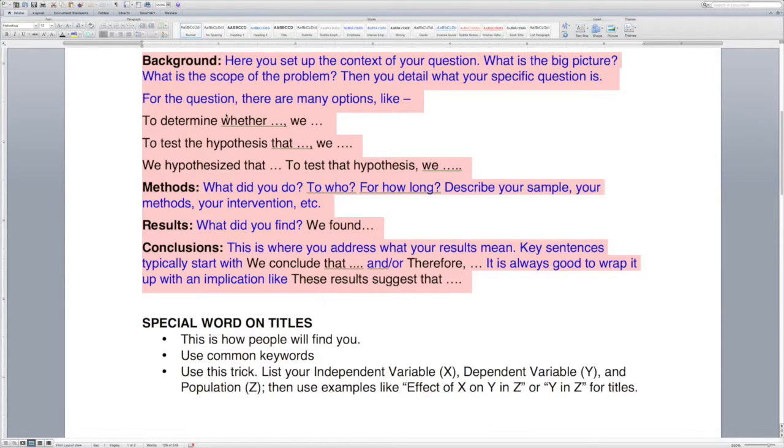If they can't find you because you didn't use standardized terms, that's going to make building your career a lot more difficult. So you want to use the common keywords for your field, and keep your language as simple as possible. No need to overwrite these things. It's an abstract. This is not War and Peace. This is an abstract. You can keep it nice, simple, and clear.